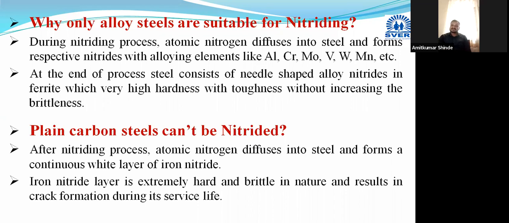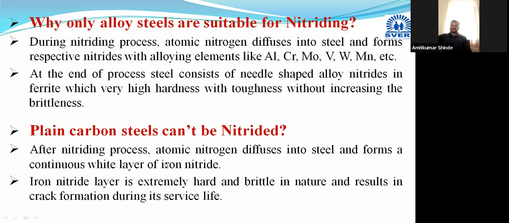There are some reasons. First we will discuss why we are not able to perform this nitriding on plain carbon steel. The question will be like this: plain carbon steels cannot be nitrided because after the nitriding process the atomic nitrogen diffuses into the steel and reacts with the iron present in that steel, and it forms iron nitride.